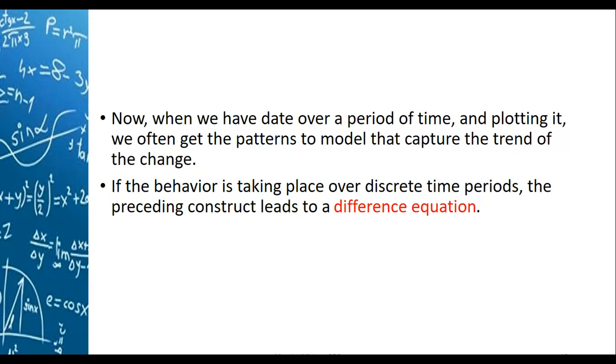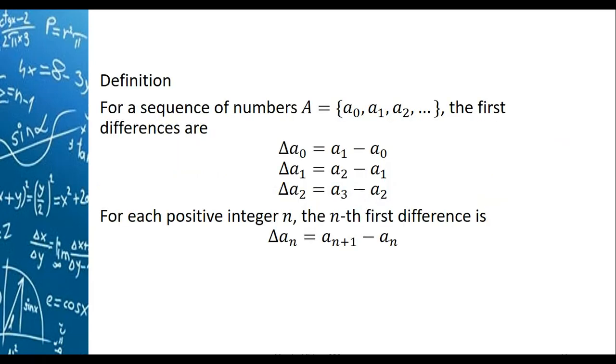When we have a discrete time period, we are able to utilize the difference equation. Now we start to make our hands dirty. Let's say I have a sequence of numbers: a naught, a zero, a one, a two, and so on.